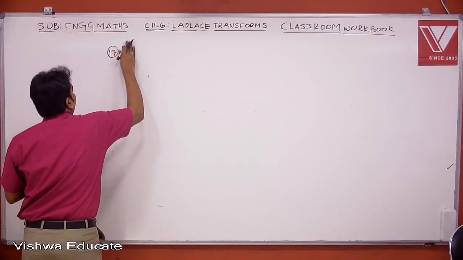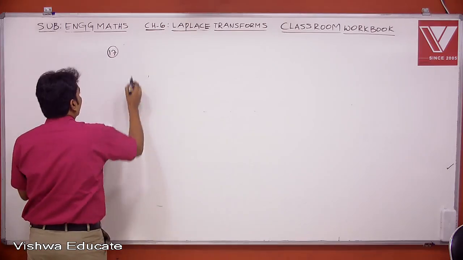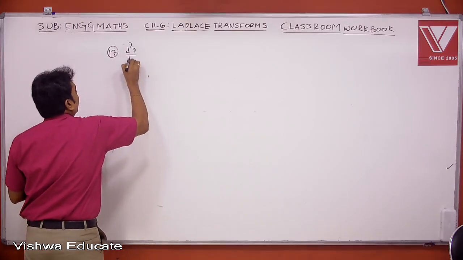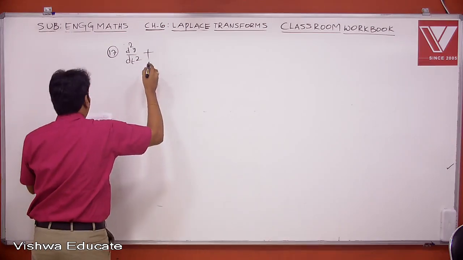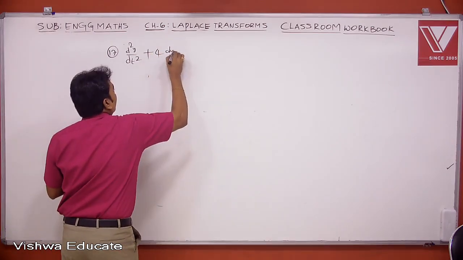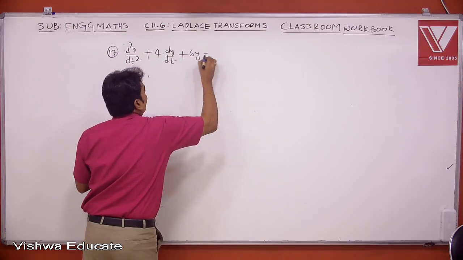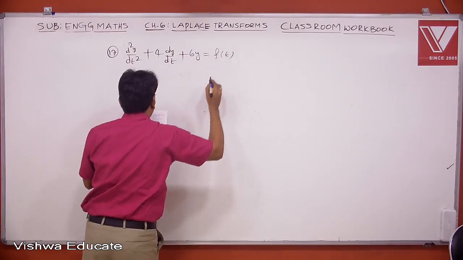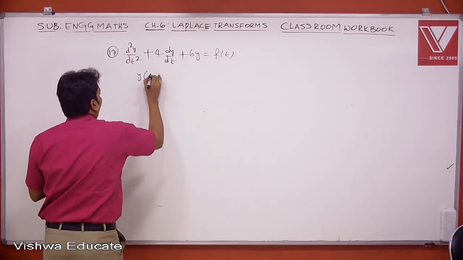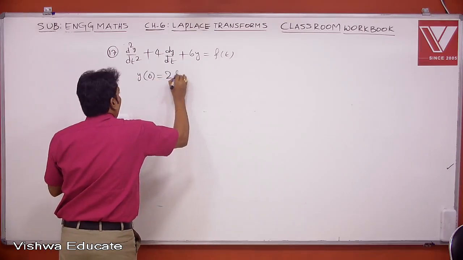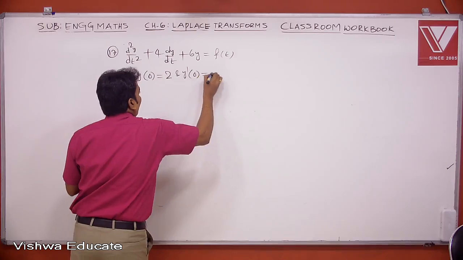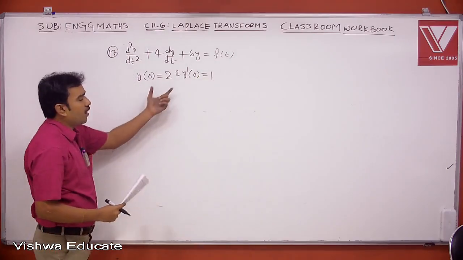Consider the initial value problem. d square y by dt square plus 4 dy by dt plus 6y equal to f of t. The boundary conditions are y of 0 equal to 2 and y dash of 0 equal to 1. So here we have two functions.